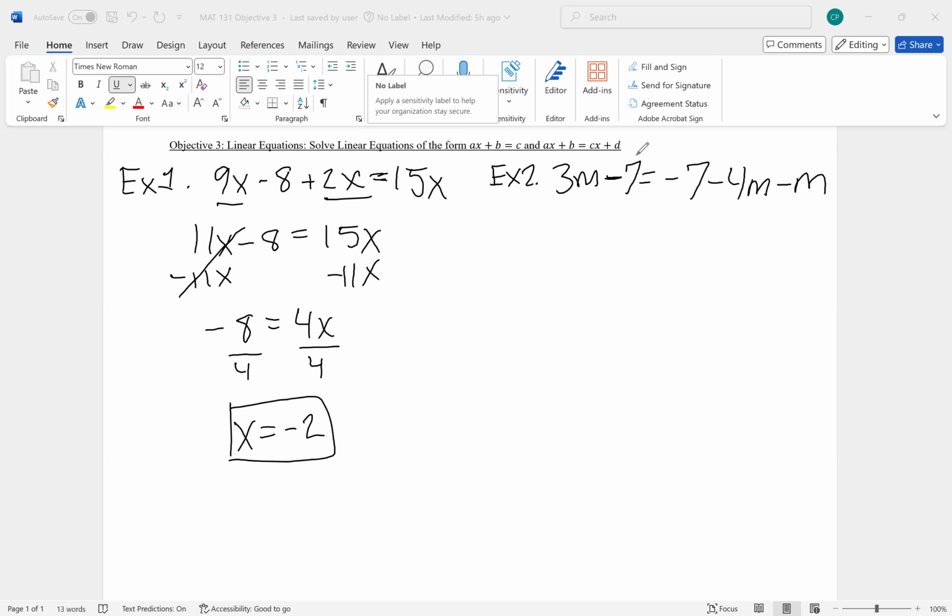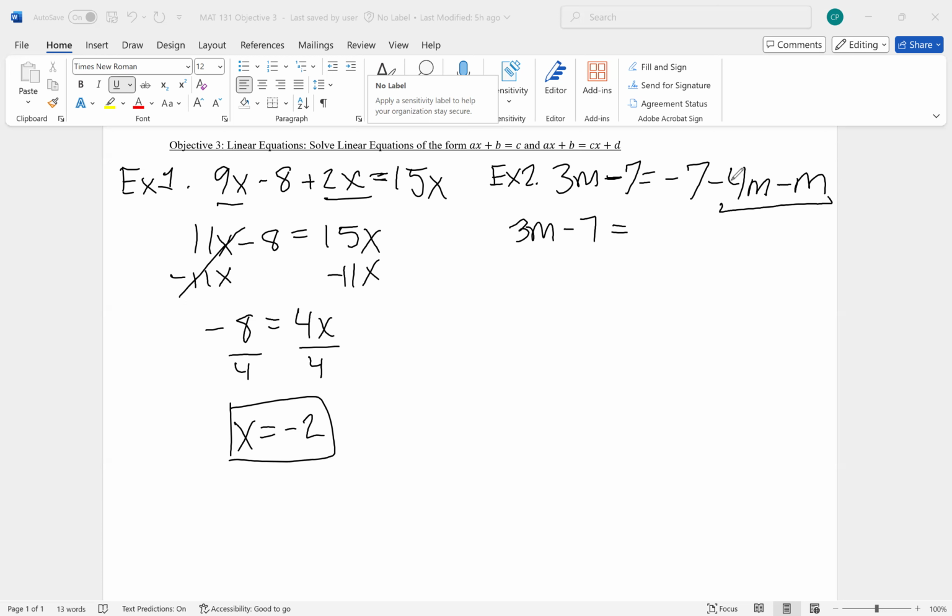I always like to say we need to make sure the left and the right side of the equation is simplified before we start moving things, okay? So on this left side, the 3m minus 7, none of those terms can be combined, okay? So this side is fully simplified. On the right side, however, we have two terms that are alike, this -4m and the negative or minus m, okay?